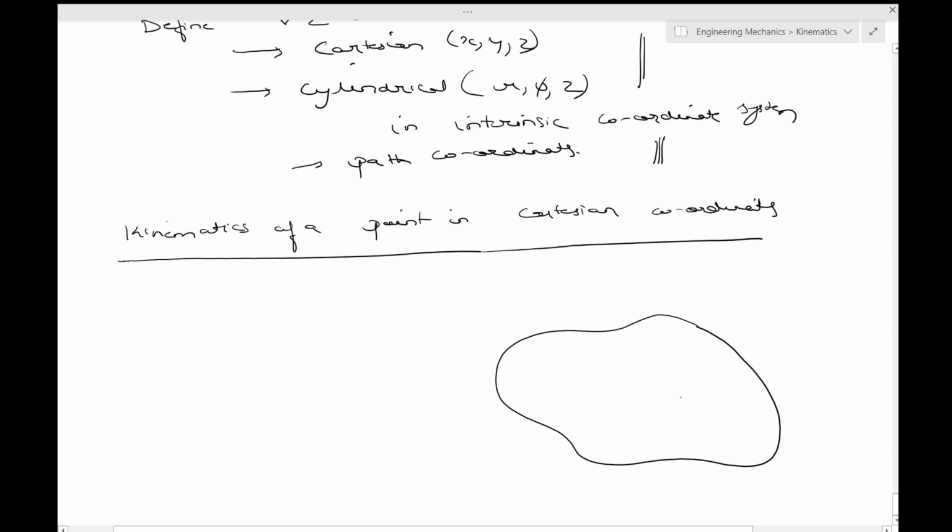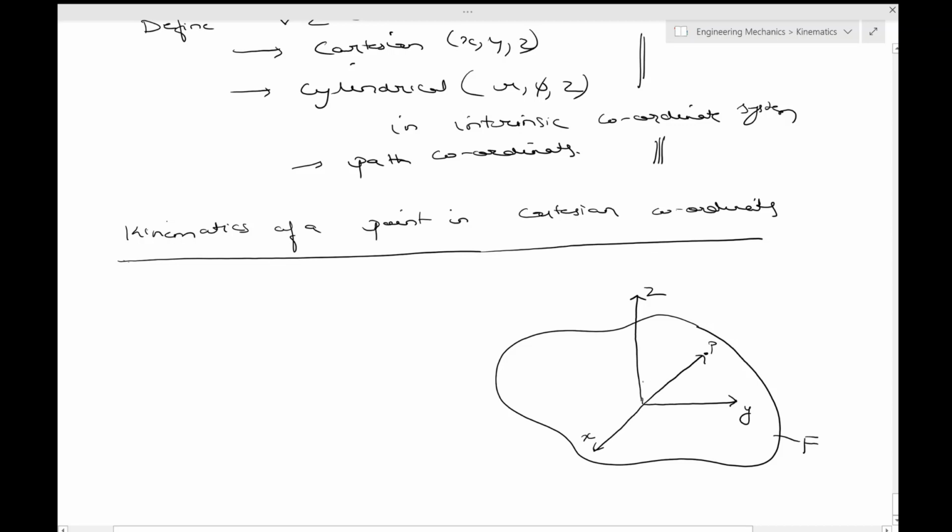The coordinate axes are fixed in the extrinsic one. This is the frame F. You have y, you have x, and you have z. And you're observing this point P.